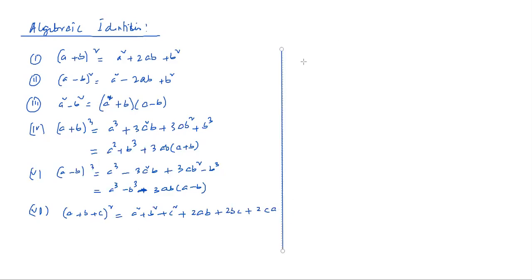And one more, which is actually from them only, but I'm writing it because it is very important: a cube plus b cube plus c cube minus 3abc equals a plus b plus c whole into a square plus b square plus c square minus ab minus bc minus ca.